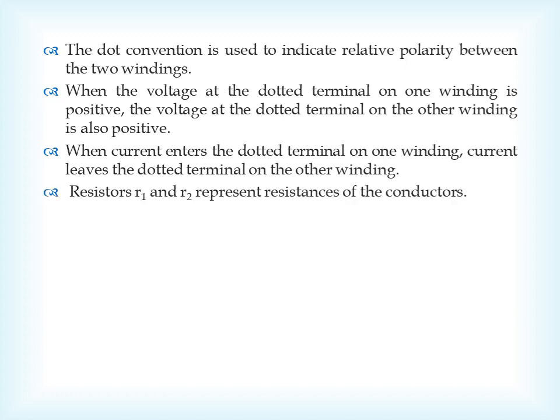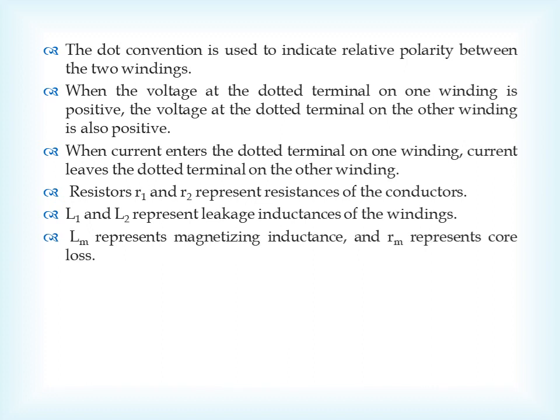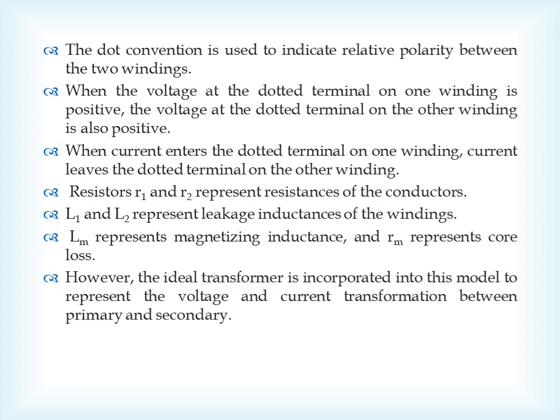R1 and R2 represent the resistance of conductors. L1 and L2 are leakage inductance of the primary and secondary windings respectively. Lm represents the magnetizing inductance, whereas Rm represents the core loss. So in case of an ideal transformer, we will neglect all the losses and we will just take into consideration the Lm value, and we will use the dot convention to represent the direction of voltage and current in our discussion.